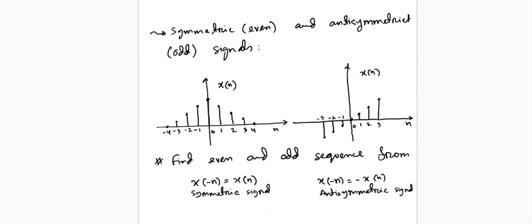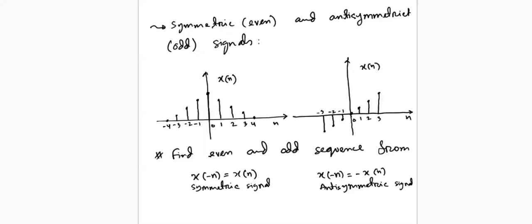Then symmetric and asymmetric signals. As you know, we can represent our signal like a cos signal or a sinusoidal sine signal. One of them is the even function and the other one is the odd function.